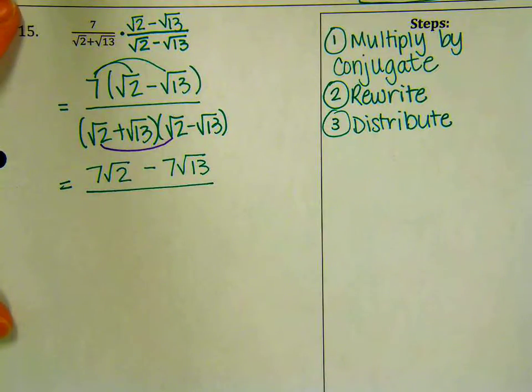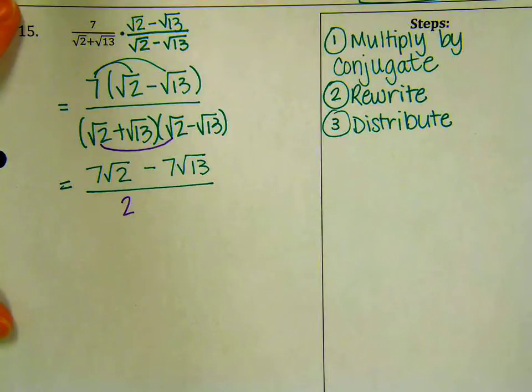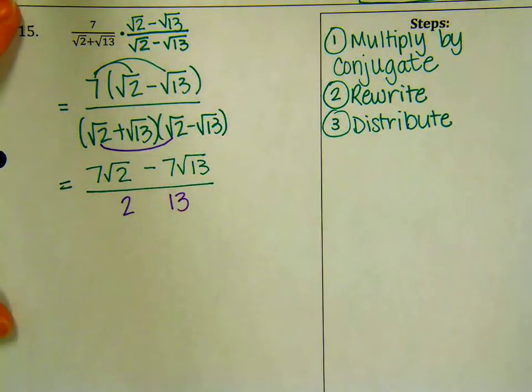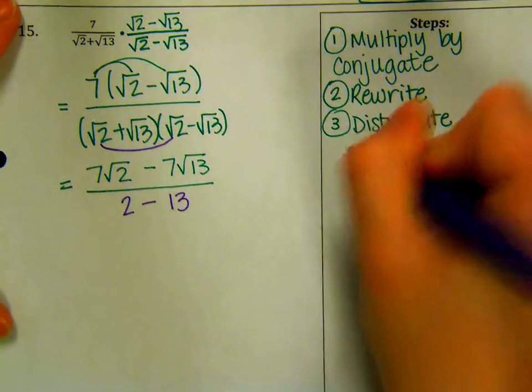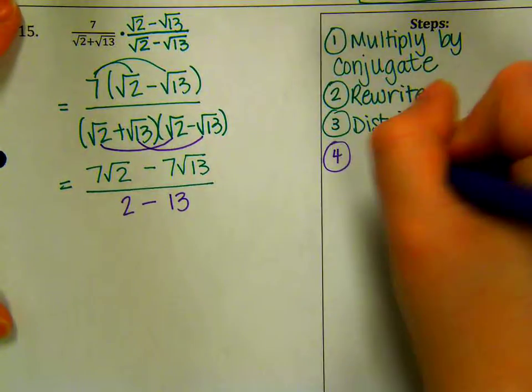Good. And then root 13 times root 13 is 13. Good. And then I put a minus sign in between. Fourth step: simplify.